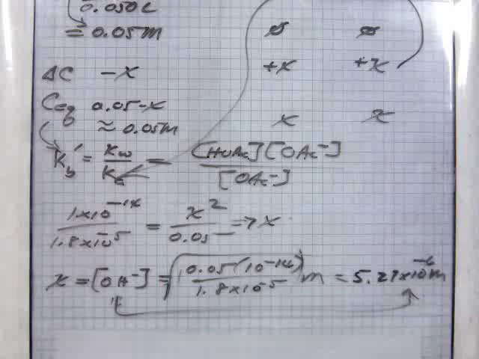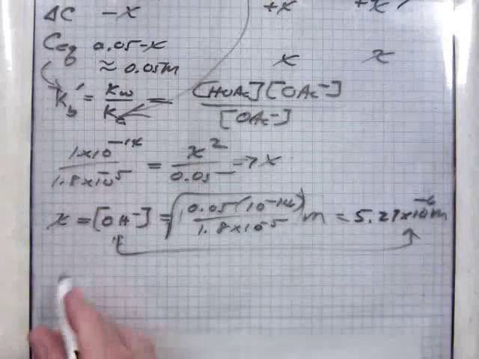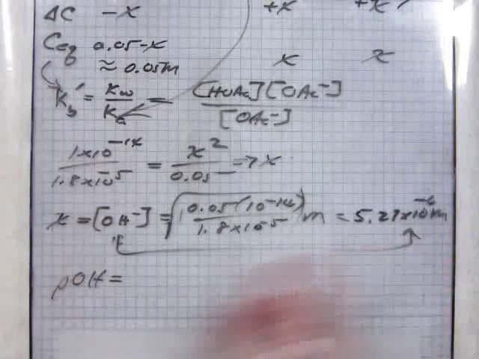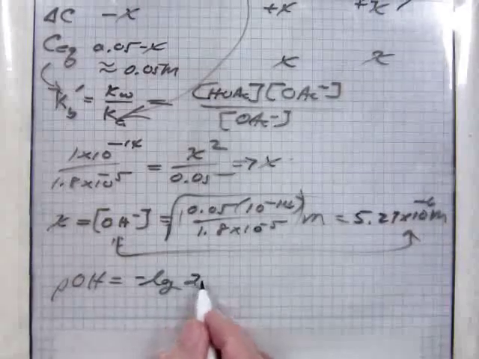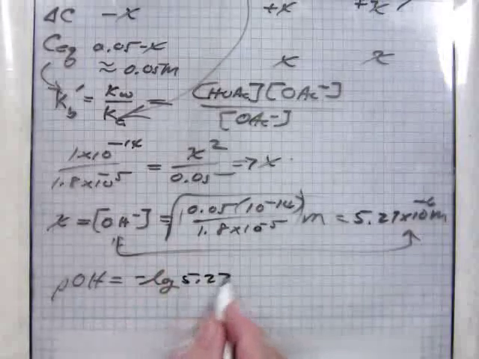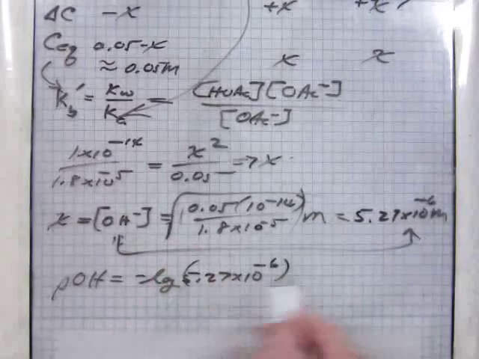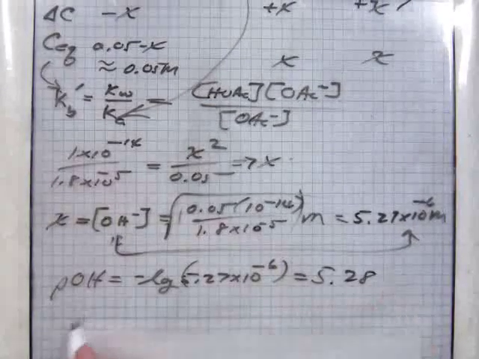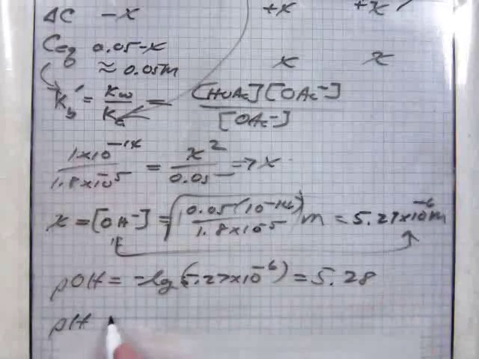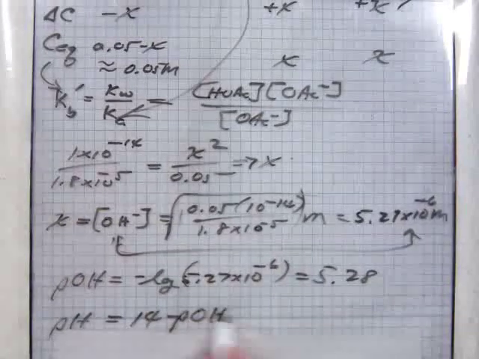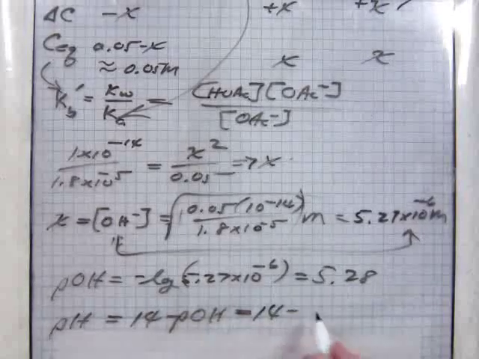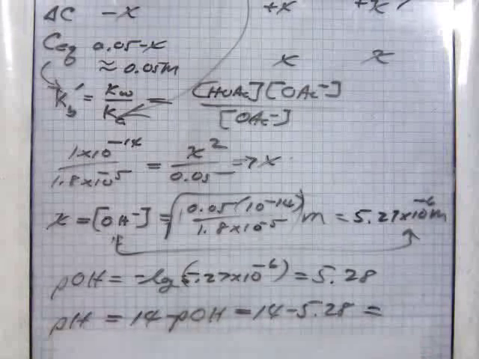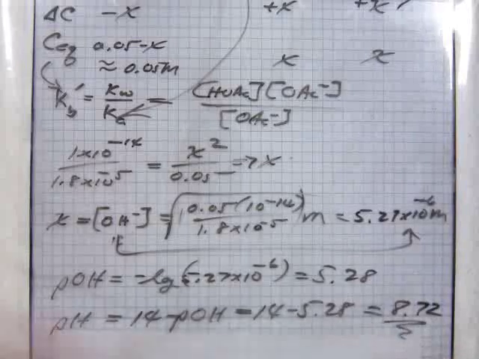Anybody that's trying? Okay, so pOH now is minus log of that. And so that is 5.28. So the pH at the equivalence point is 14 minus pOH, which is 14 minus the 5.28. And that's 8.72. So you're pushing right up next to 9, and that's titration.